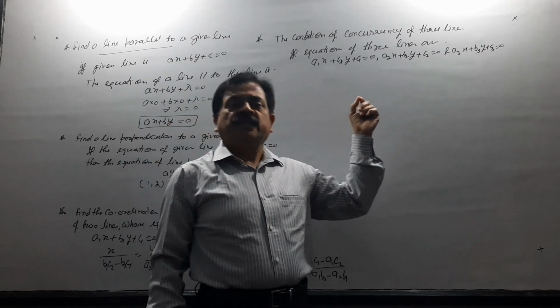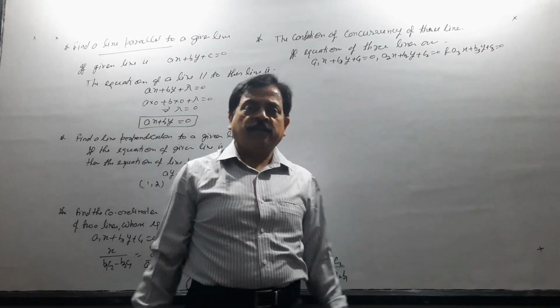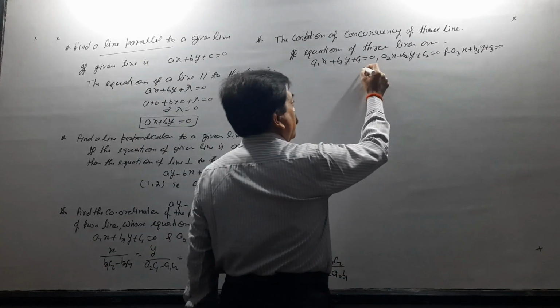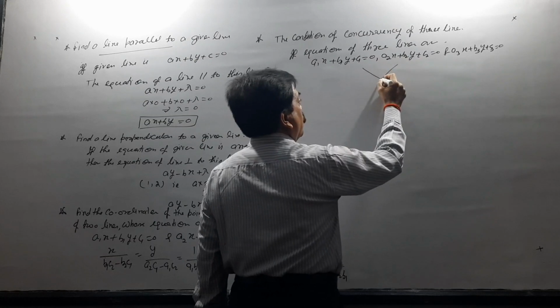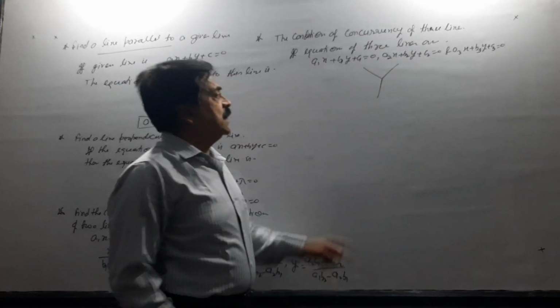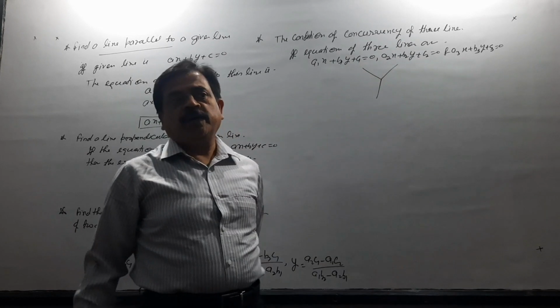Concurrency means three lines are passing through a point like this. These three lines are passing through a single point.